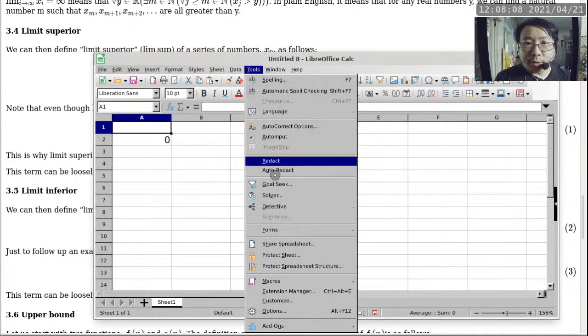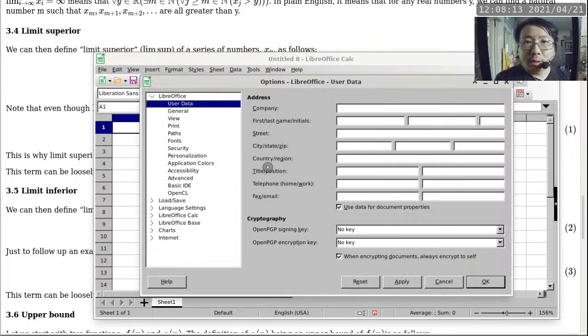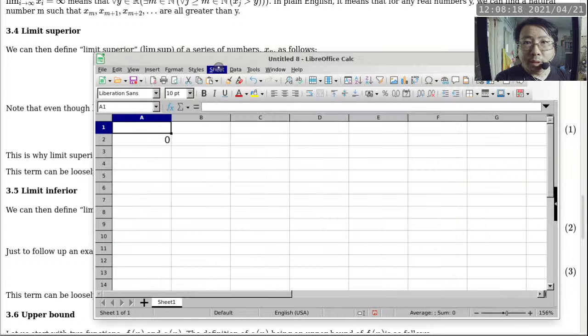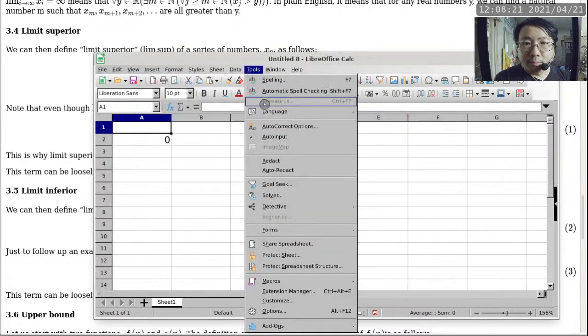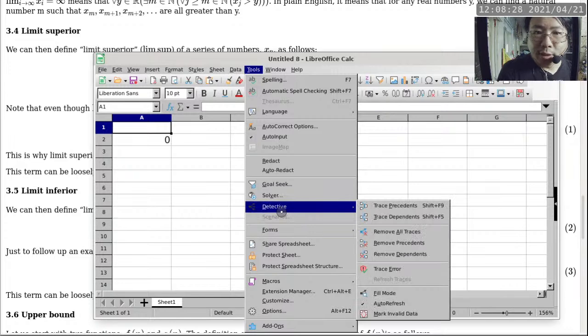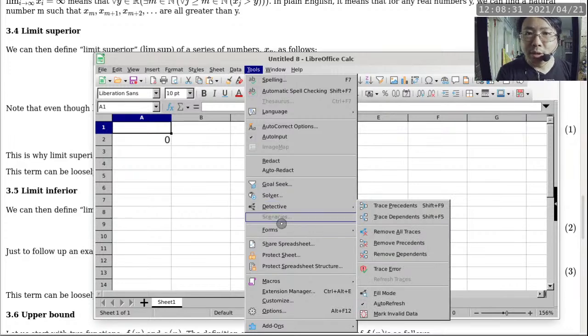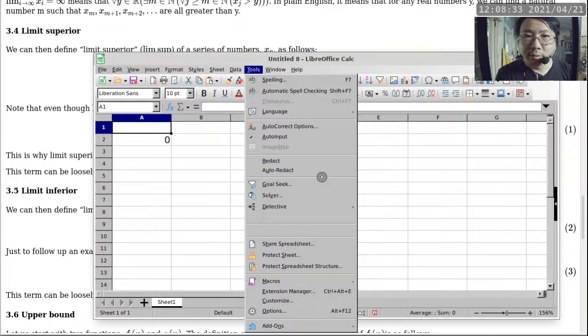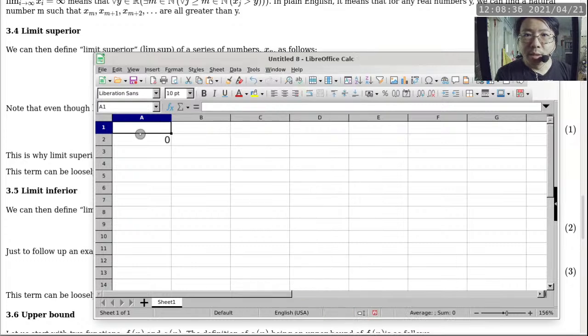Let's see if I can turn that off using options. Nope, it's not this one. I can't remember how to turn off the auto correction in LibreOffice Calc. Well, I guess I can just say this is i, and then the next column is going to be x subscript i.